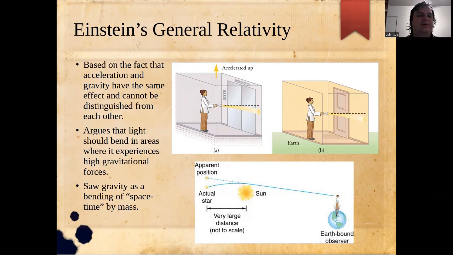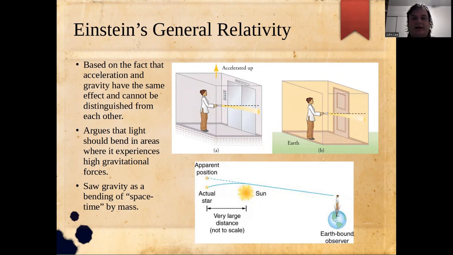Einstein saw gravity as a bending of something called space-time, instead of just as a force that's acting in a straight line between two objects. What he saw instead, hundreds of years after Newton, was that instead of just having this force acting between two massive objects, you would have gravity bending the space around it.